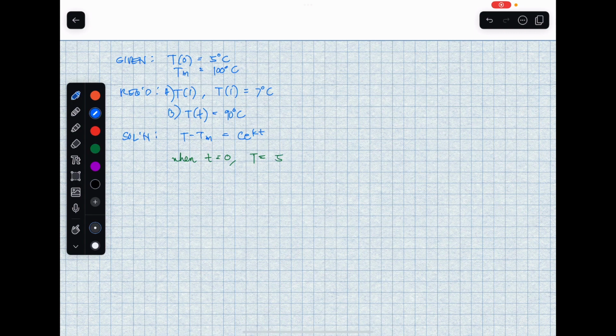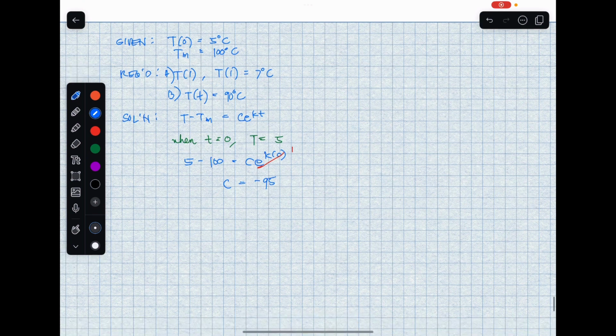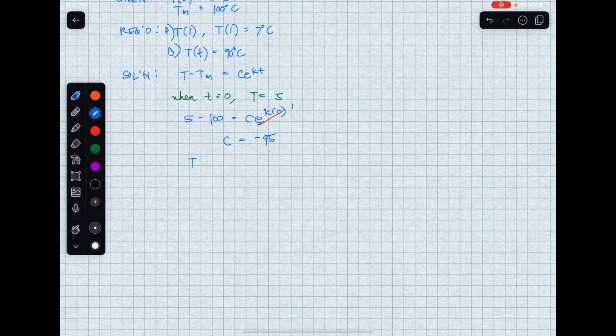So T is 5, Tm is 100, equals C e^(k·0). e raised to 0 is 1, so C is 5 minus 100, negative 95. Thus we have T minus 100 equals negative 95 e^(kT).